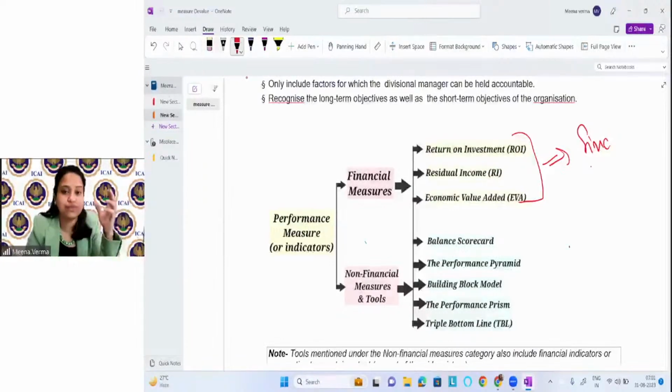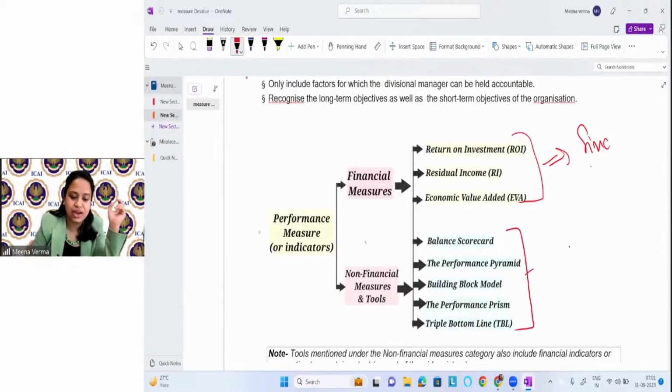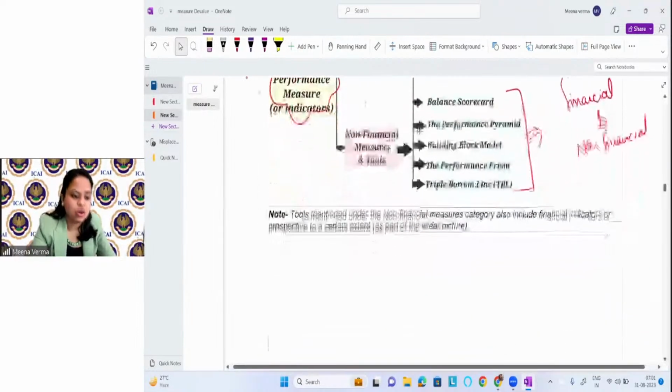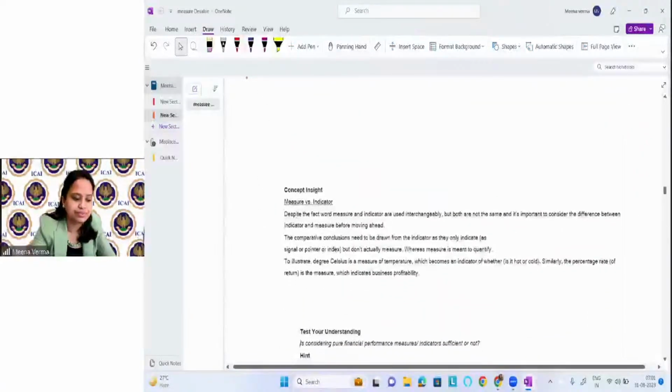But if you see these factors, we are considering both financial and non-financial factors. By considering both, we are measuring the performance of an organization.